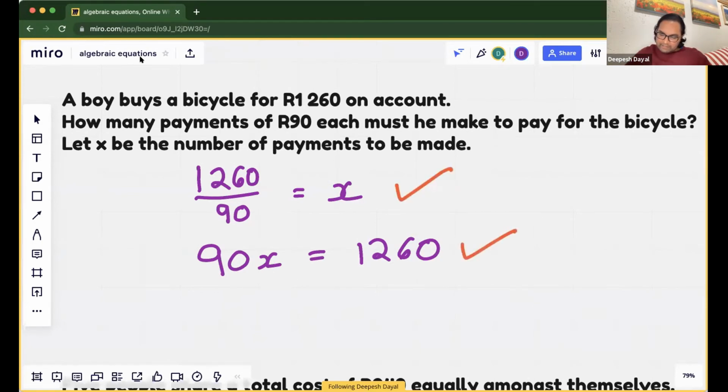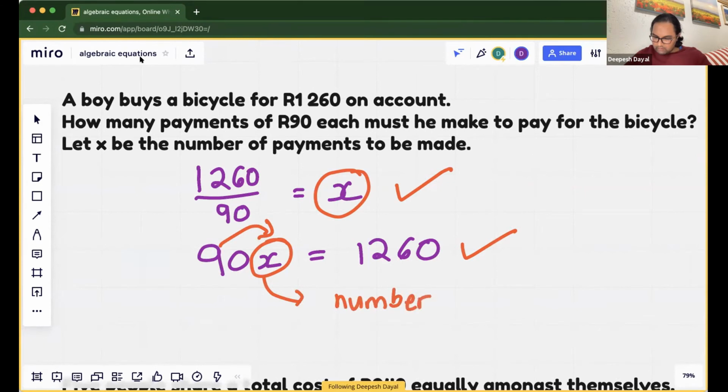So remember, X is the number of payments. So you say 90 times the number of payments would give us the total, or 1,260 divided by 90 will give us the number of payments, right? And that is indeed the correct answer.